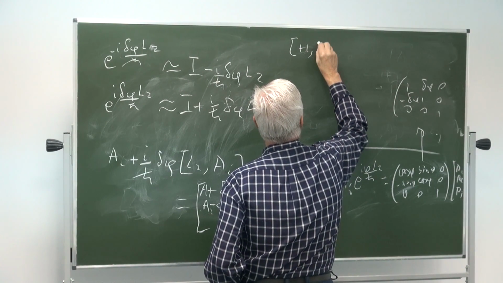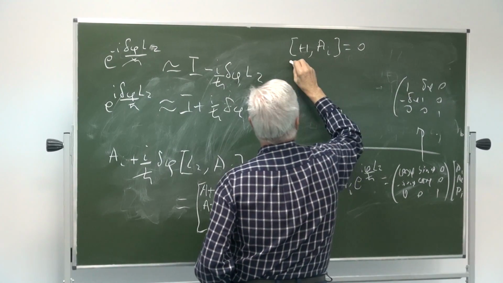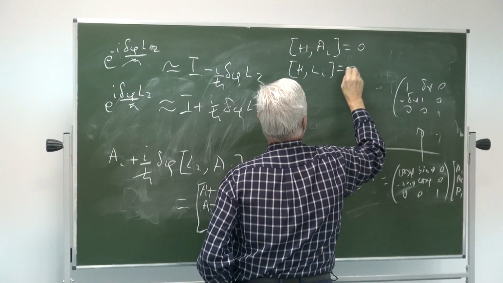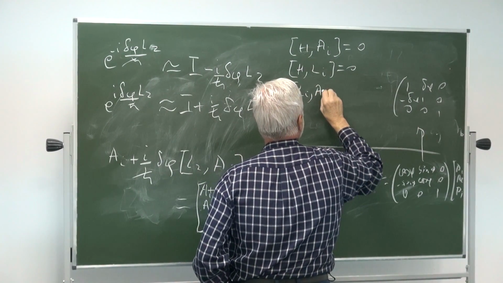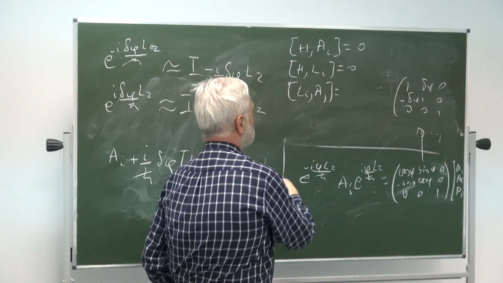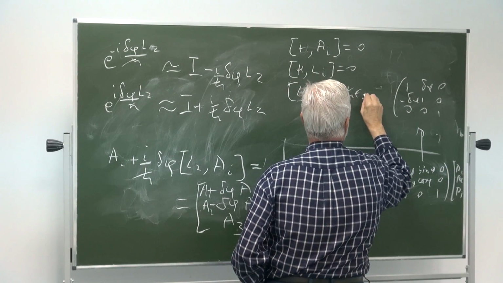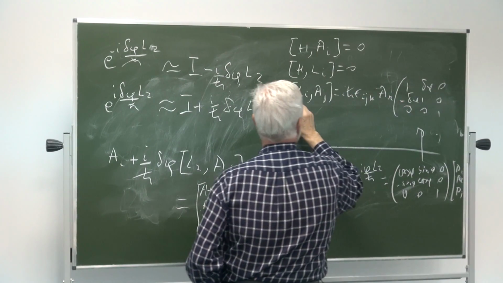Now I want my commutators again. Of course, with L_i it is also 0. Now L_i with A_j, this is what I sketched. The result is i h bar epsilon_ijk times A_k.